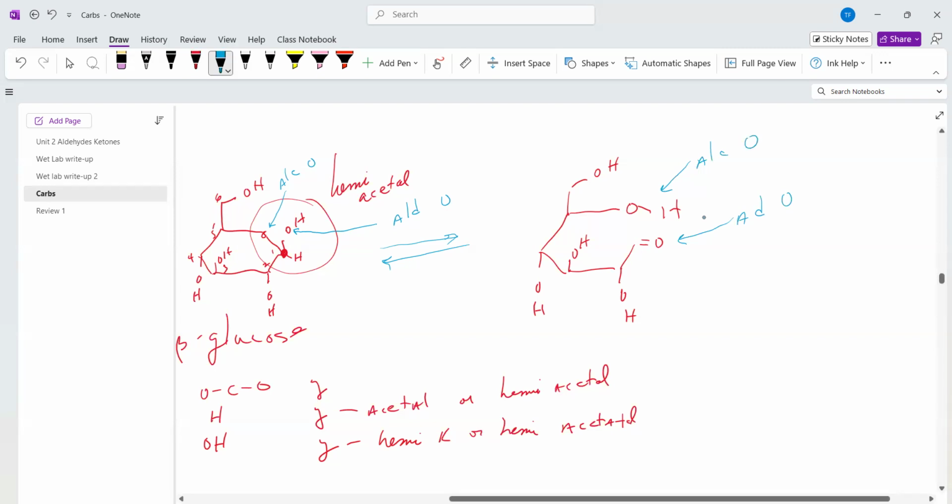Now, once this opens up, we can have all the aldehyde reactions. We can have all the alcohol reactions as well.